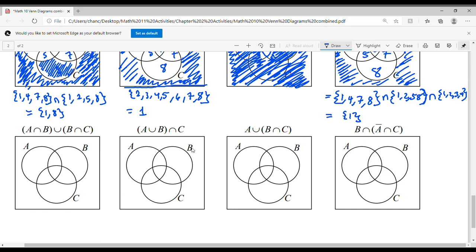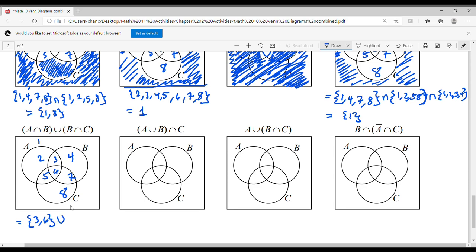For these examples, let's start with labeling the regions again. 1, 2, 3, 4, 5, 6, 7, 8. And I want to find A intersect B union B intersect C. A intersect B would be any overlaps between A and B, so that's the numbers 3 and 6.